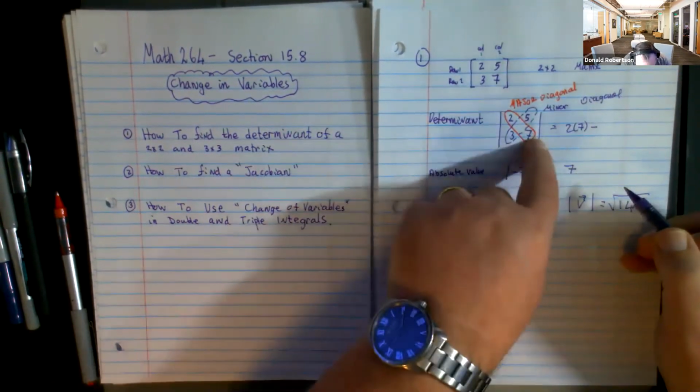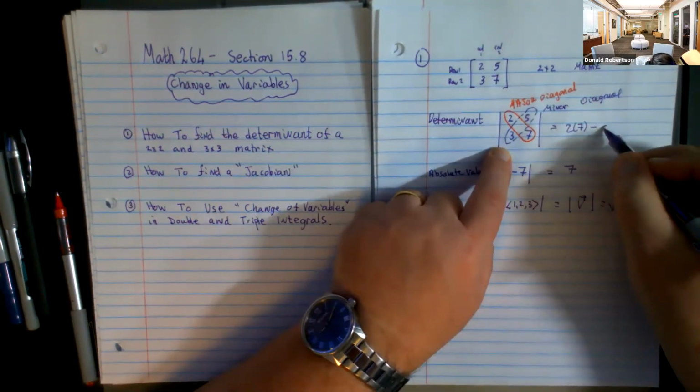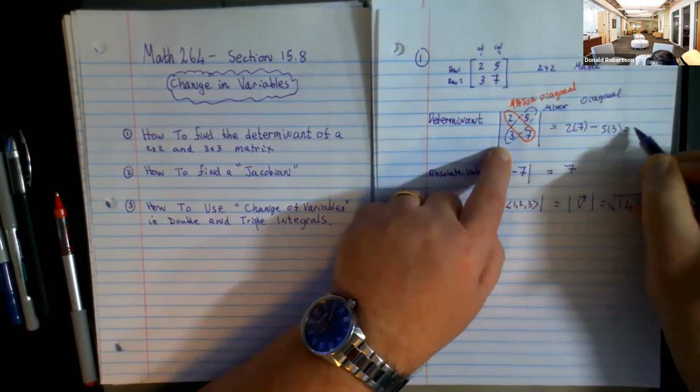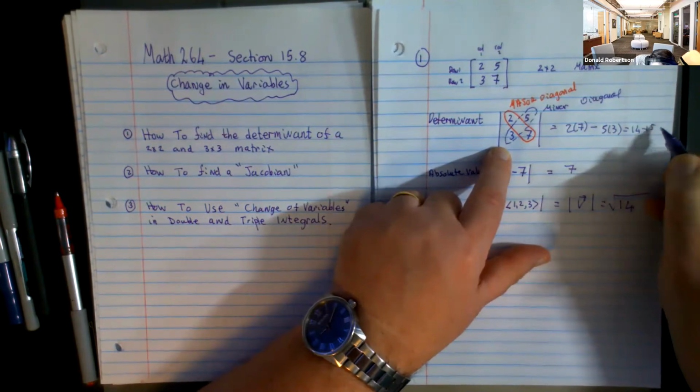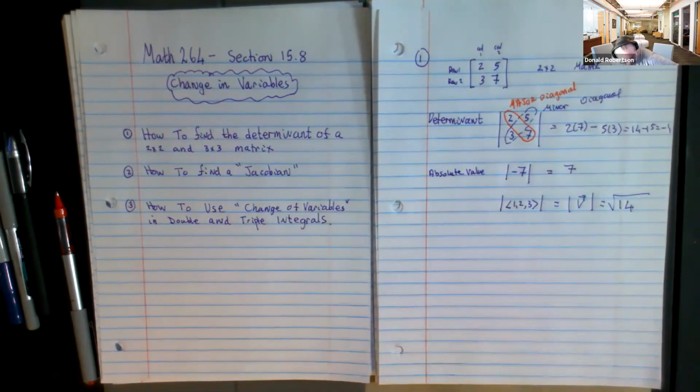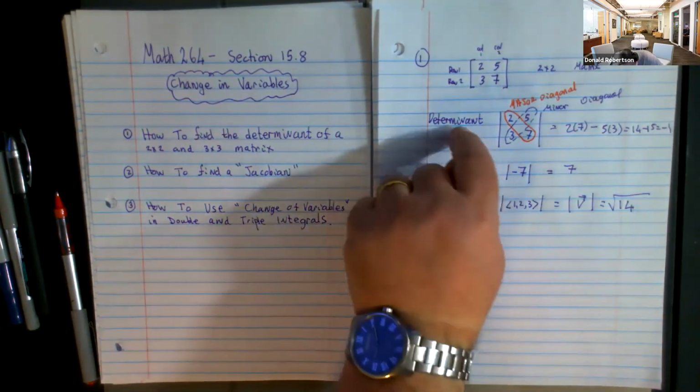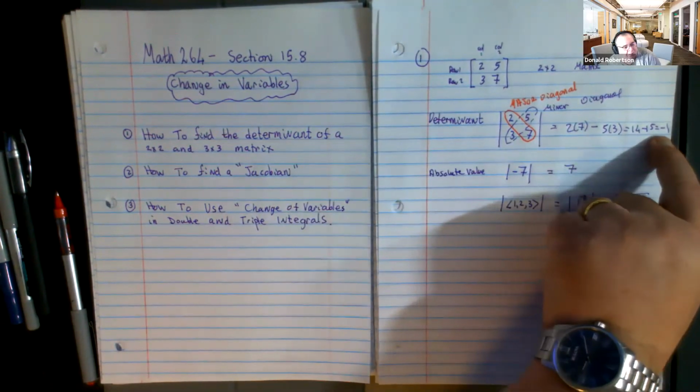So major take away minor. In this case, -1. Have you noticed that a determinant can be a negative number?